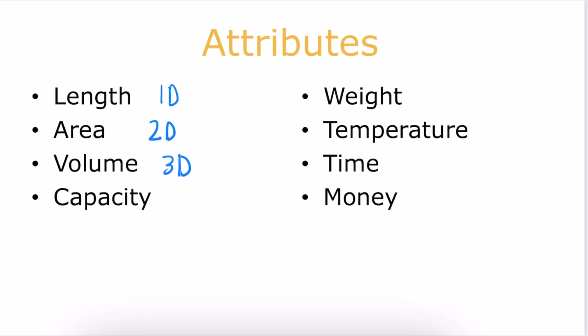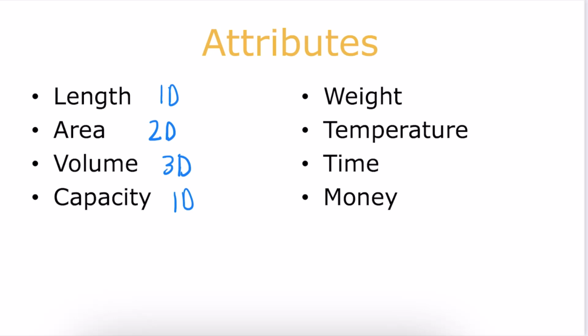But the capacity of the water bottle would be the number of liters that you could put into the water bottle. And the number of liters is a one-dimensional measurement because you just say, oh, I have this many liters, like 1.5 liters in this water bottle. And so capacity is usually measured with one-dimensional measurements, even though it's measuring a three-dimensional space.